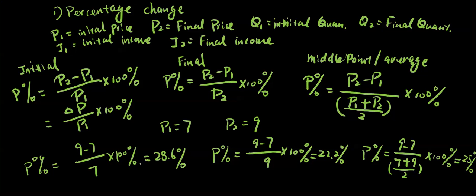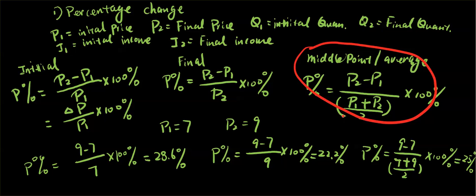You can see, once we change the denominator, we have a different percentage change of price. You can use the same idea to calculate the percentage change of quantity and the percentage change of income. But I want to let you know, most of the time we use the middle point, or average, as our denominator.